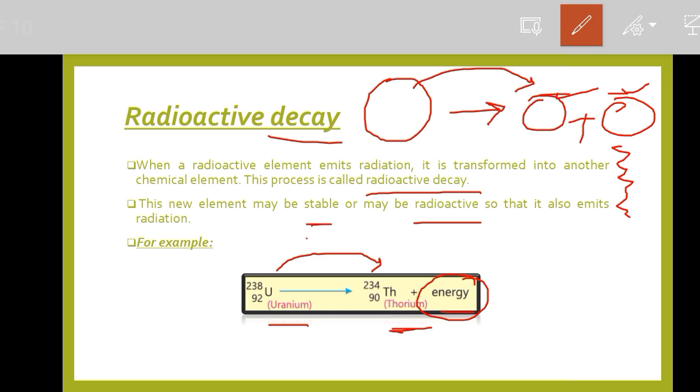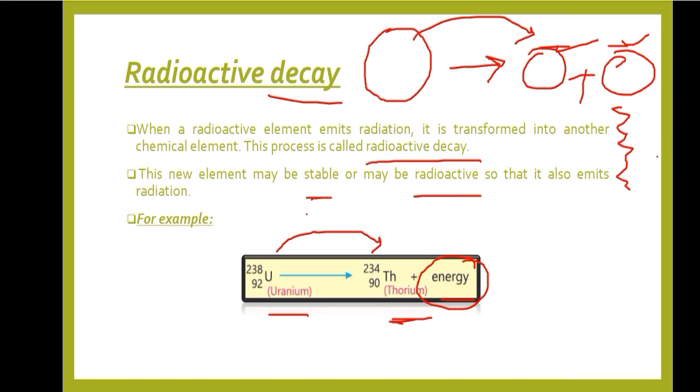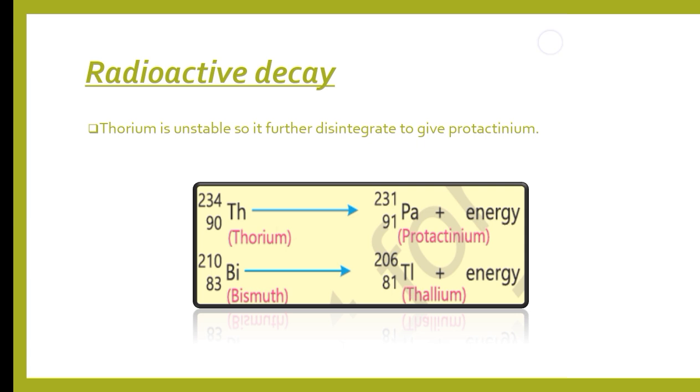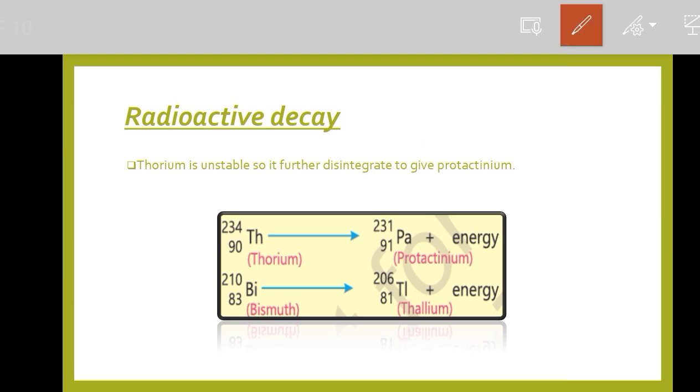This thorium is also a radioactive isotope, so it also decomposes over time. Thorium is unstable, so it further disintegrates to give protactinium and releases energy. And protactinium is a little more stable, so it stays over time.